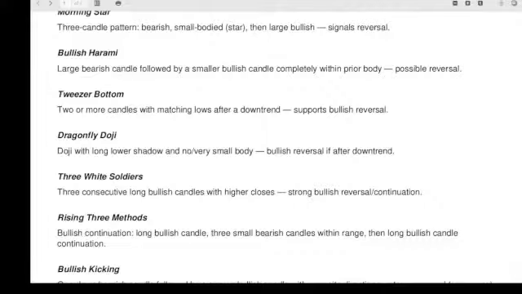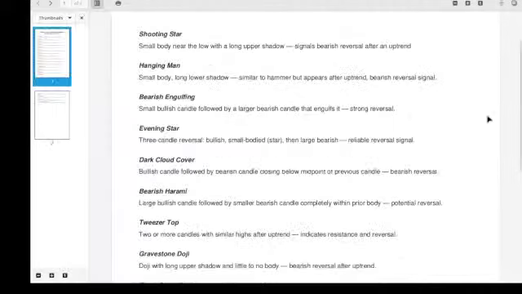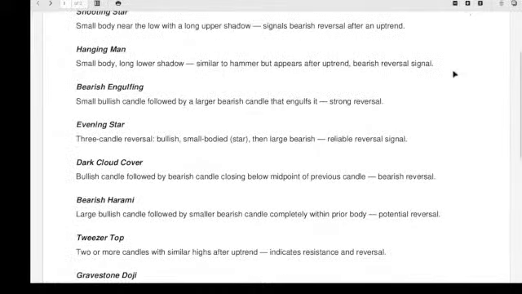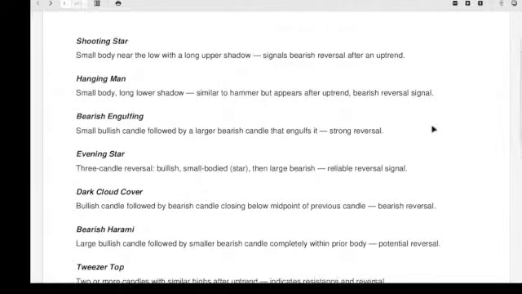All right, so now we're going to look at the bearish candlesticks. There we go. So that's the bearish candlestick. Meanwhile, just take notes. Will be coming just now.